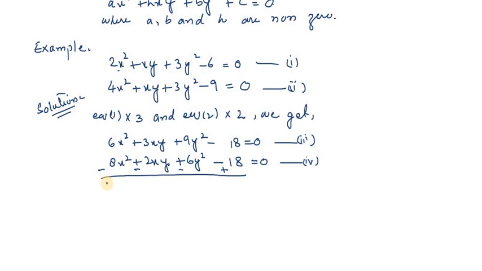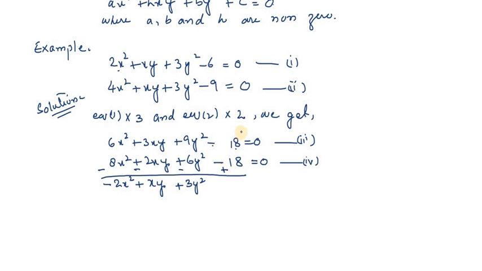So here we get minus 2x square, because minus 8x square plus 6x square. Here plus xy, plus 3y square, because 9y square minus 6y square gives plus 3y square.